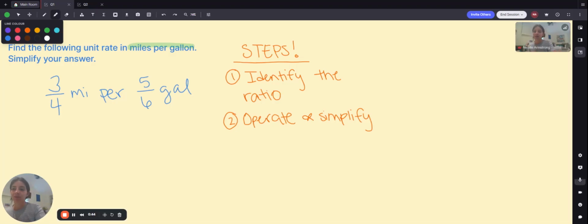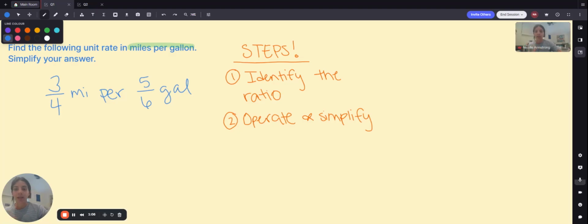So to identify the ratio, we have 3/4 mile per 5/6 gallon. The way that ratios work is we find a ratio of one quantity per one other quantity. So how many miles per 1 gallon? How many cans per one pack?